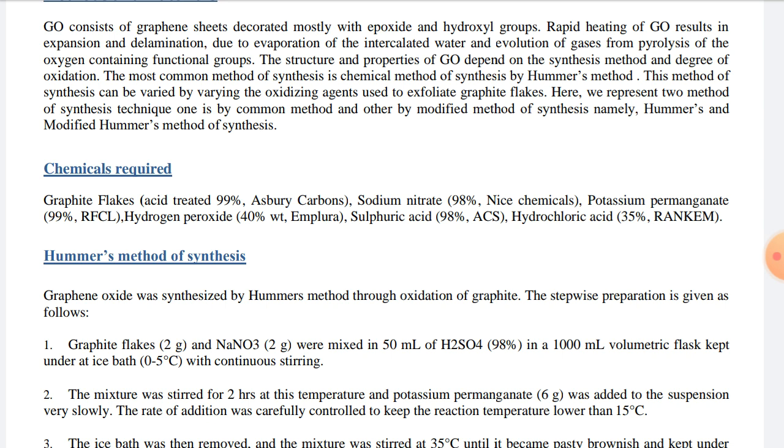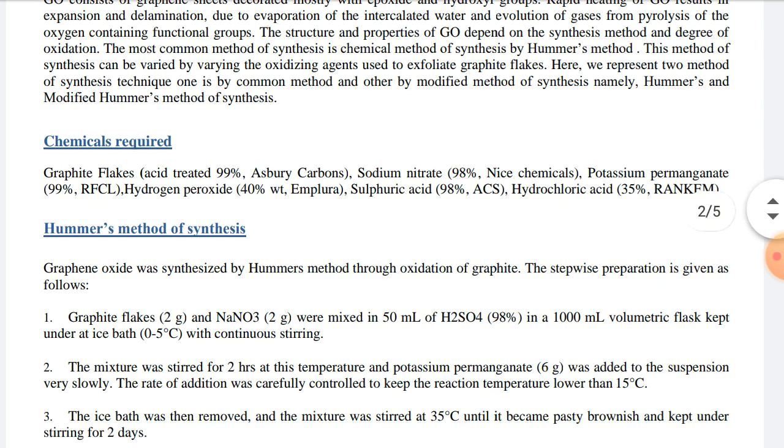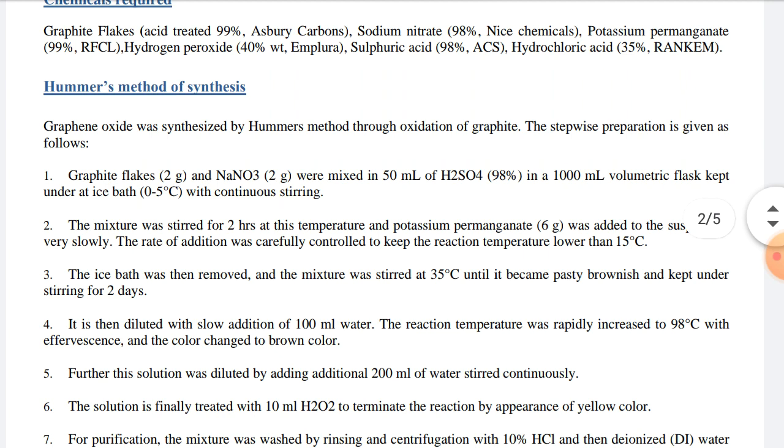The mixture was stirred for 2 hours at this temperature and 6 grams of potassium permanganate was added to the suspension very slowly. The rate of addition was carefully controlled to keep the reaction temperature lower than 15 degrees Celsius. The ice bath was then removed and the mixture was stirred at 35 degrees Celsius until it became pasty brownish and kept under stirring for 2 days.